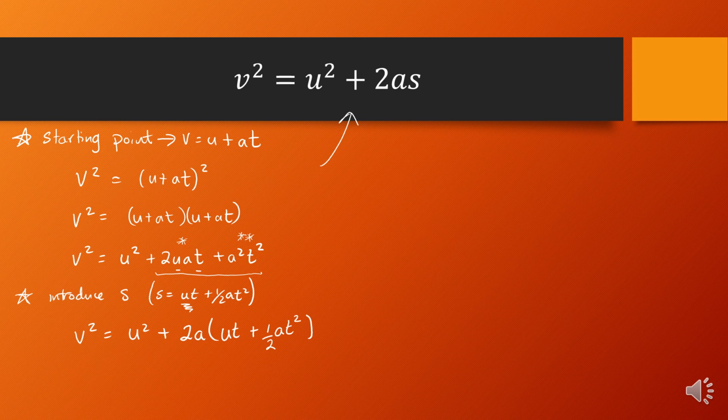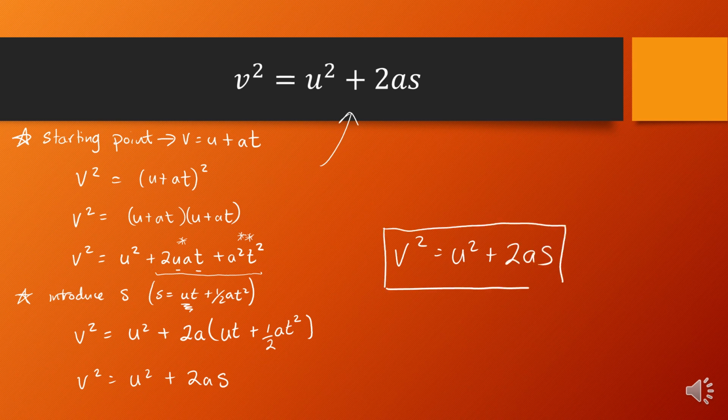Okay, now that bracket will now become s. So v squared equals u squared plus 2as, and that's what we wanted. Okay, so go back through that, rewind, replay, and try for yourself.